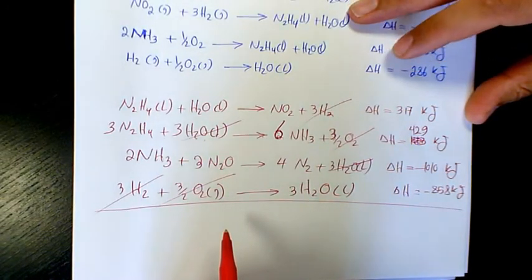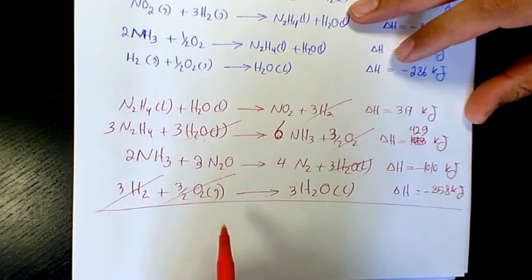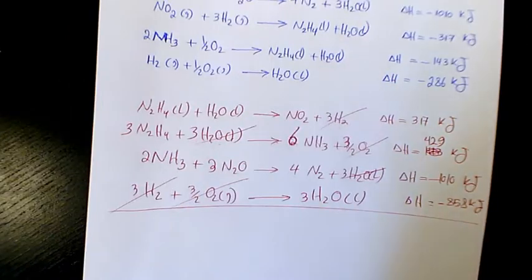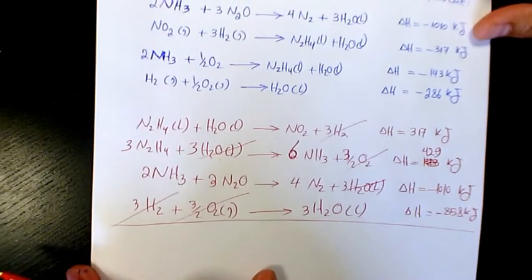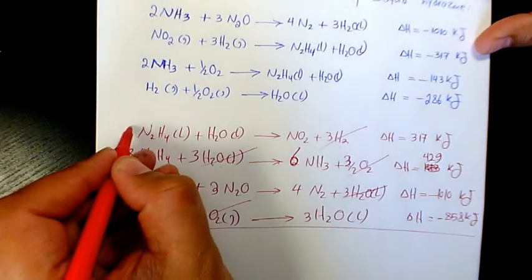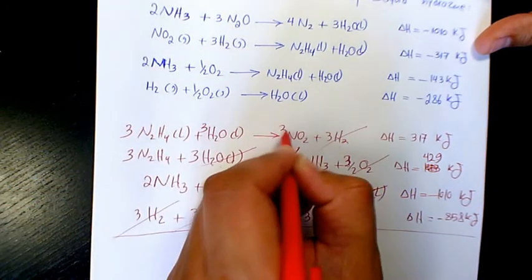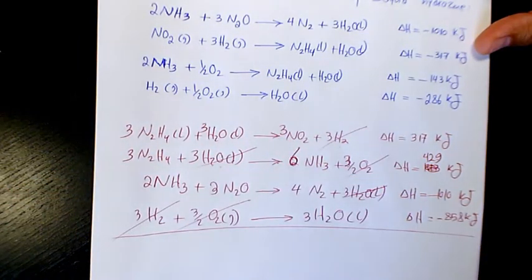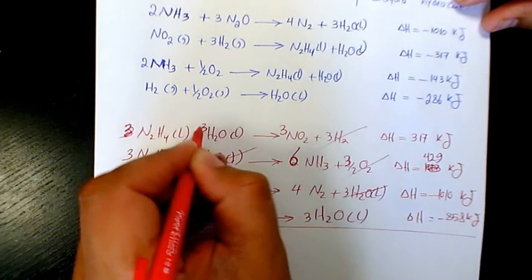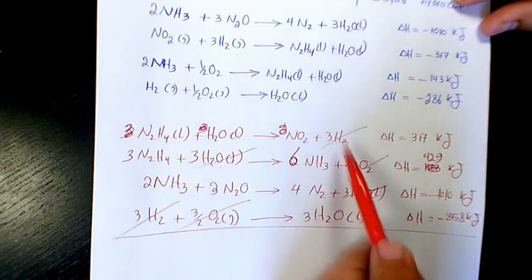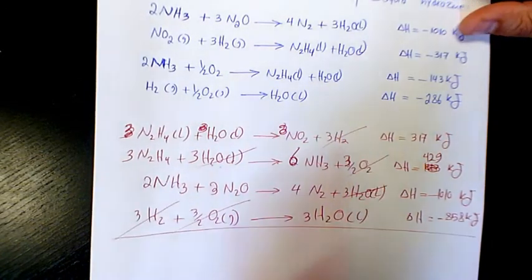Actually, we didn't need to multiply the first equation by 3, so we keep it the same, because if I multiply it by 3, I cannot cancel it with this guy.